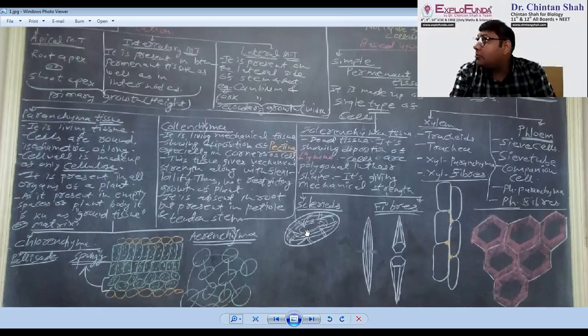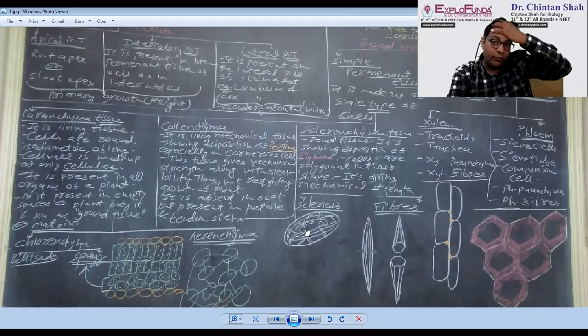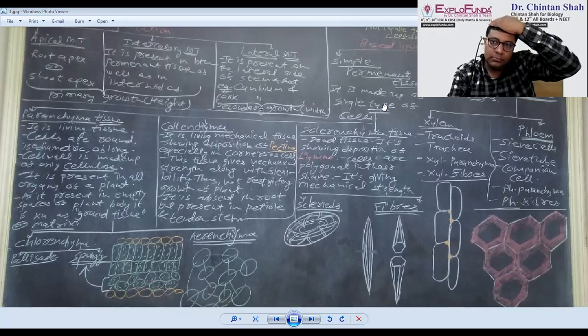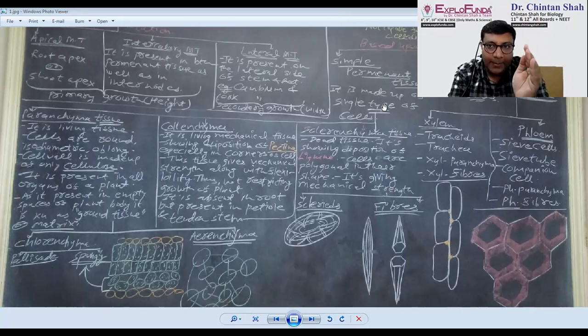Can you give me an example of any other fruit in which you can find this kind of crystalline structure? Anyone? I think it's pear. Yes, if you cut the pear and eat it, you will find them.